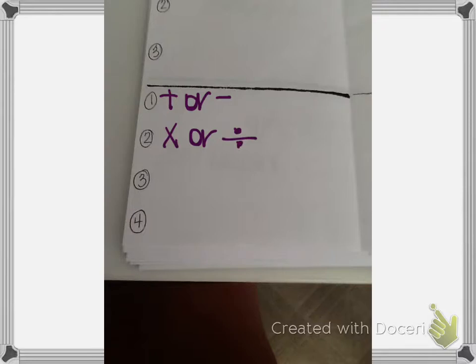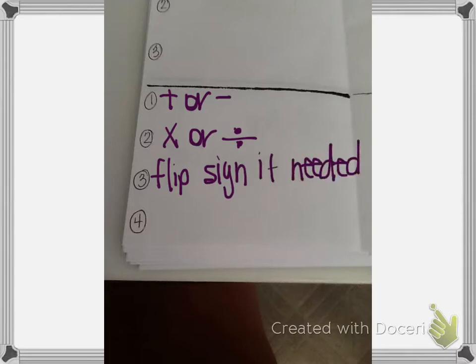Then we have to remember to flip the sign if needed. So again, if we multiply or divide by a negative here, we would have to flip our sign, and then we're going to solve and graph.